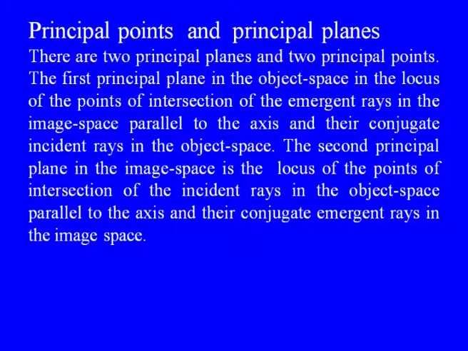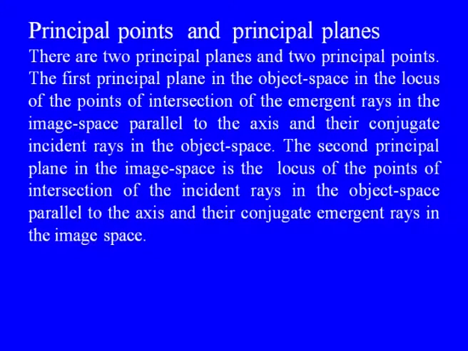Now, the principal points and the principal planes, let us see what they signify. There are two principal planes and two principal points. The principal plane in the object space is the locus of the points of intersection of the emergent rays in the image space parallel to the axis and their conjugate incident rays in the object space.